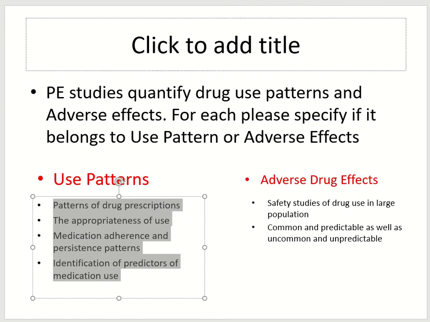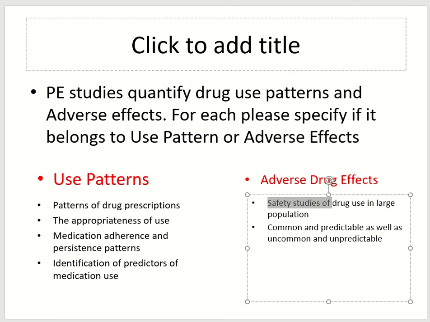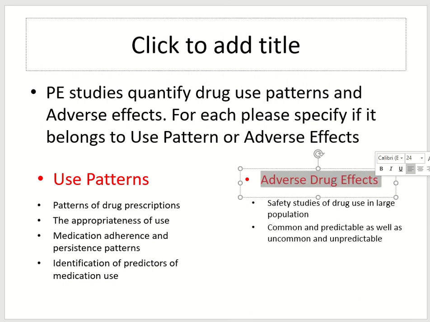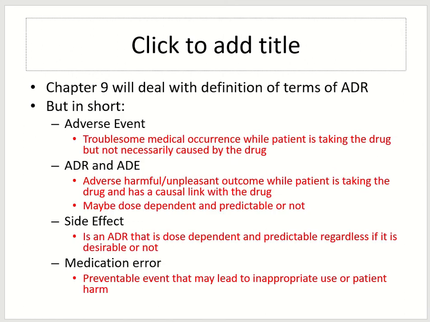Once we're talking about who's using the drug, who is prescribing the drug, how are they using the drug? Are they using it appropriately? All of that is use pattern. Whereas once you start looking at safety and adverse events, then you are into the adverse drug effects. Both of them are under pharmacoepidemiology.